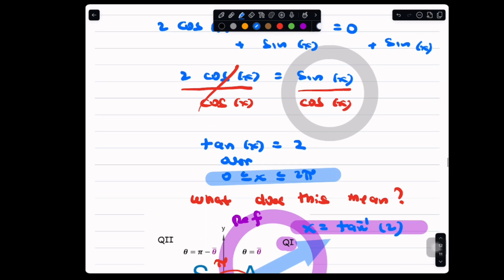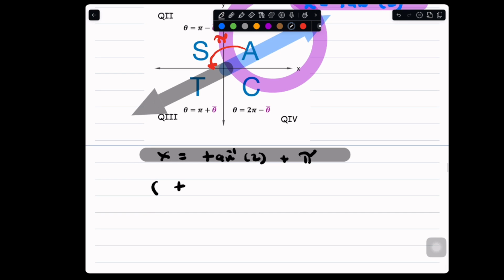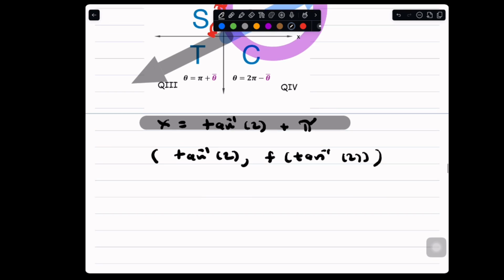Sometimes when you're looking back at the book to give solutions here, this is what they're going to say. The first x-coordinate was inverse tangent of 2, and then you'll say this is f of what? f of inverse tangent of 2. There's your x and y coordinates.